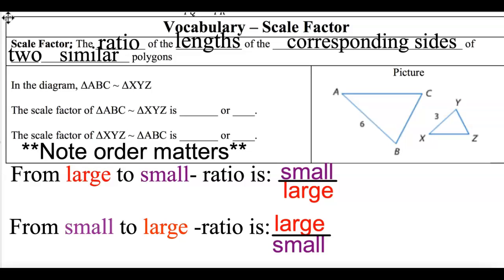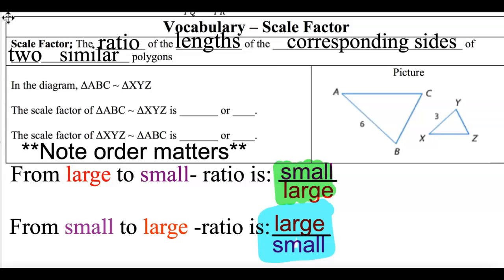So again, this next thing is going to be scale factor. And again, I've talked about how order matters. So in the diagram here, we're going to be talking about scale factors. And you should note that if I go from a small figure to a large figure, the ratio is written like this. If I reverse that, if I go from a large figure to a small figure, then it is written like this.